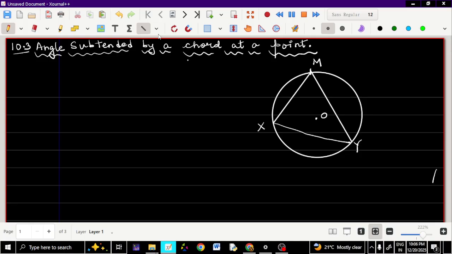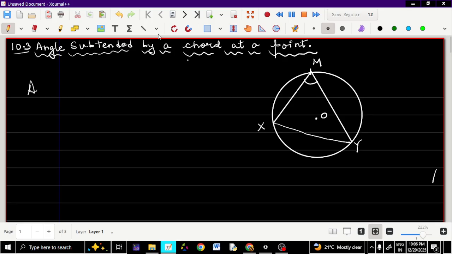So, the angle that is formed by joining the endpoints of the chord XY at the point M is called the angle subtended by the chord XY at the point M. Okay, I repeat, angle subtended by the chord XY.